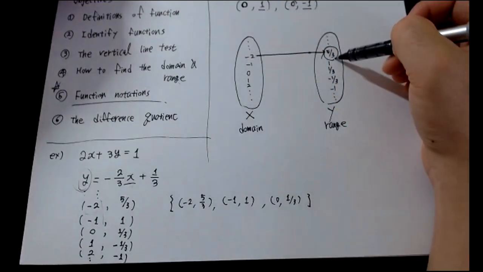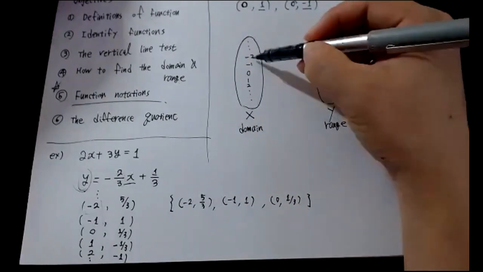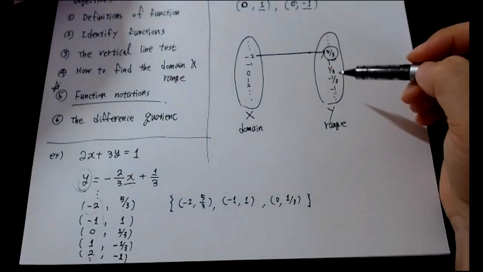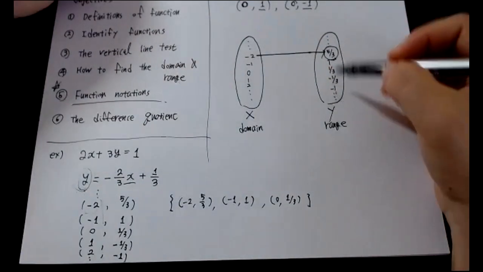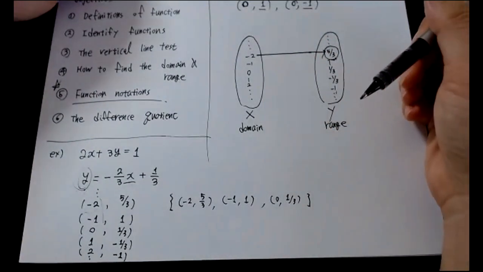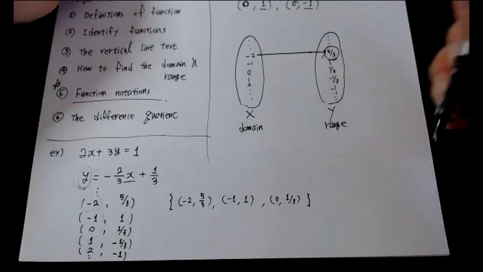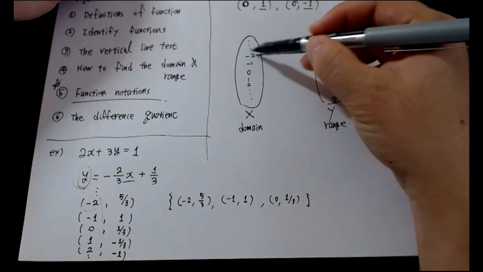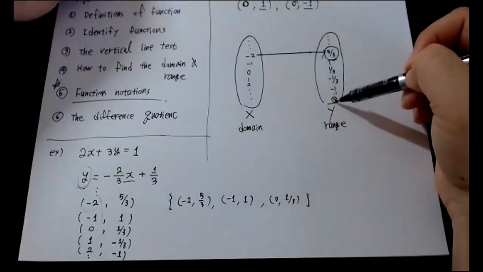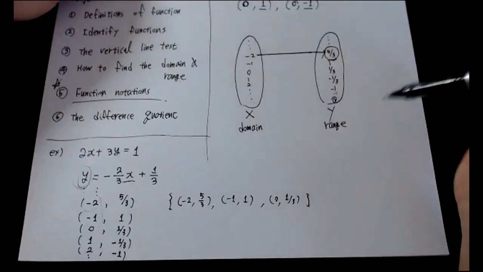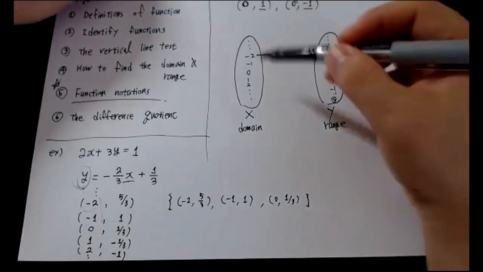So this is unique. That number is unique for -2. If there were another y value corresponding to -2, then that's not going to be a function. That rule is not going to be a function.